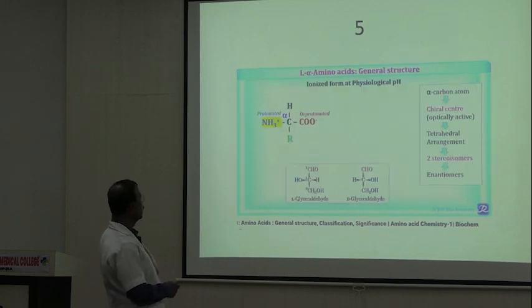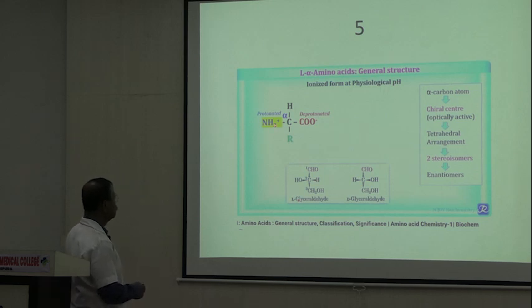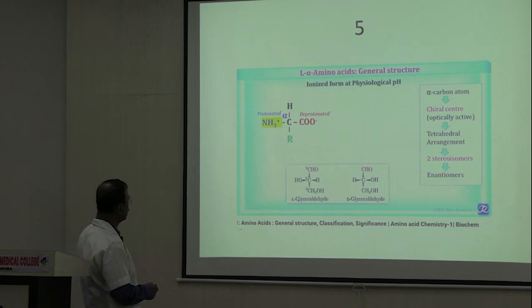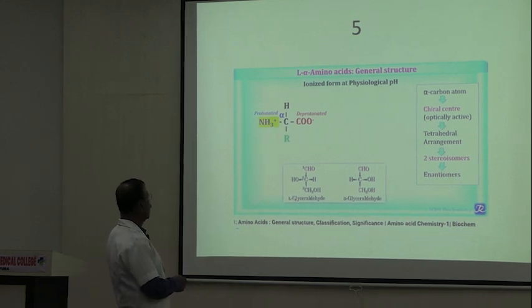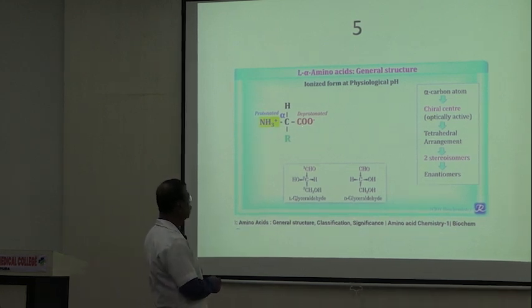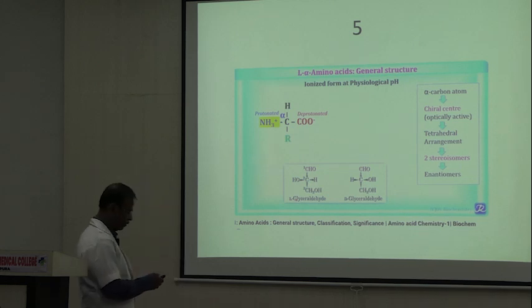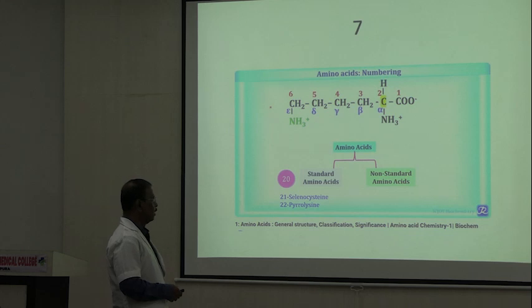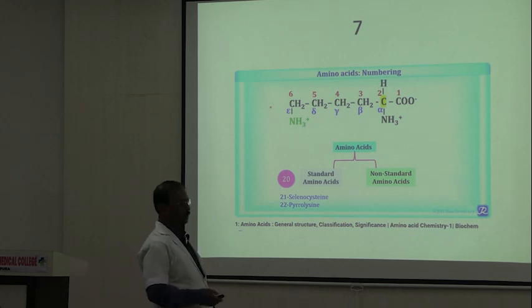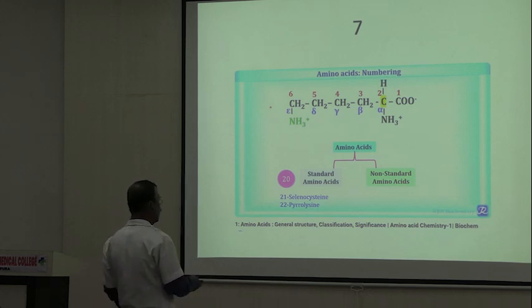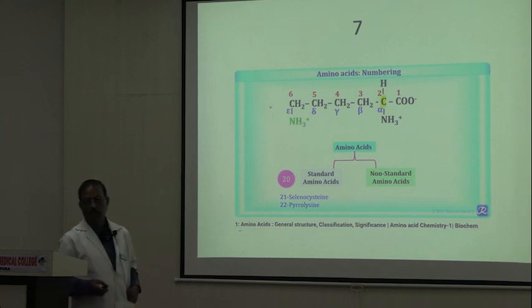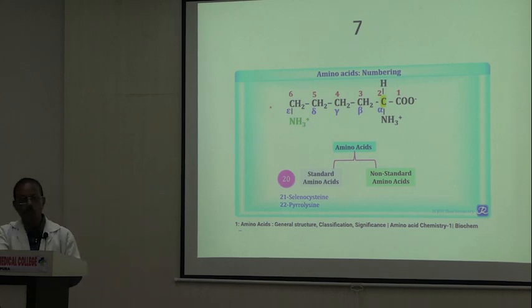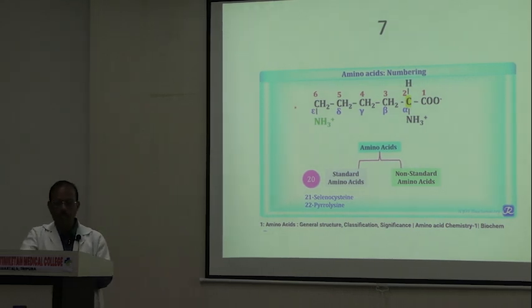At physiological pH, the amine group remains ionized and protonated, and the carboxyl group remains deprotonated. There are two groups of amino acids, standard amino acids and non-standard amino acids. Standard amino acids are those which are utilized for protein synthesis and have a codon.